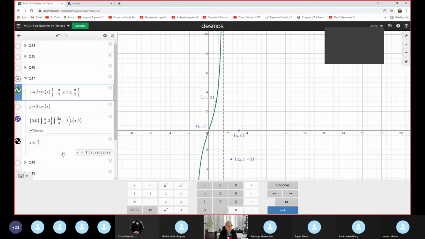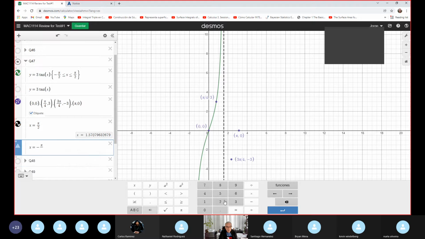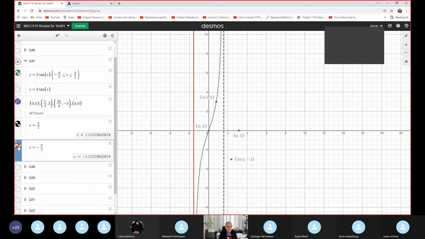And we have another asymptote here at x equals negative pi over 2. Remember the asymptote is always black color, dotted line.